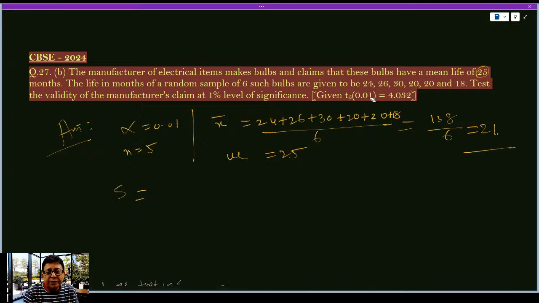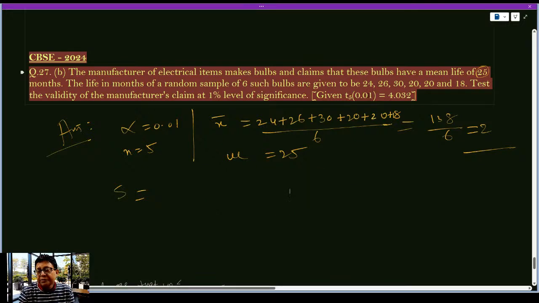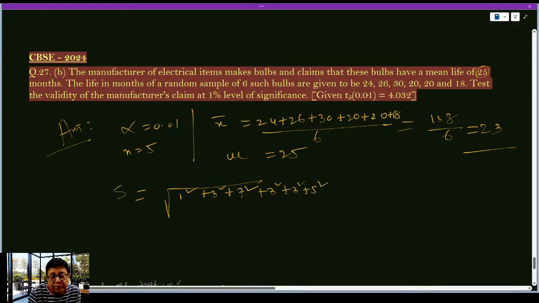This mean I have calculated wrong. This is 23. Okay? So it will be 1 square, 3 square, 7 square, 5 square, that divided by 6.